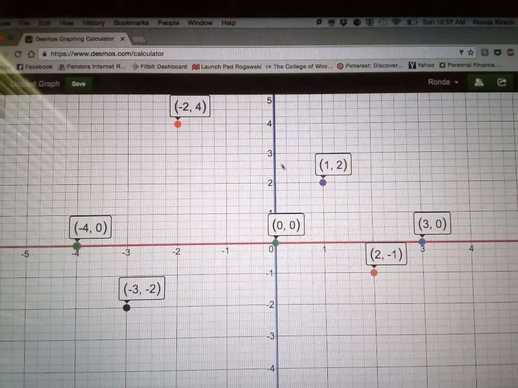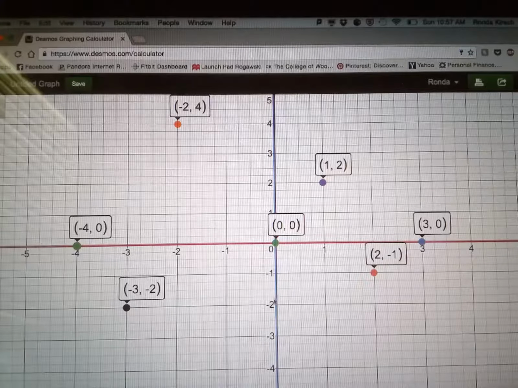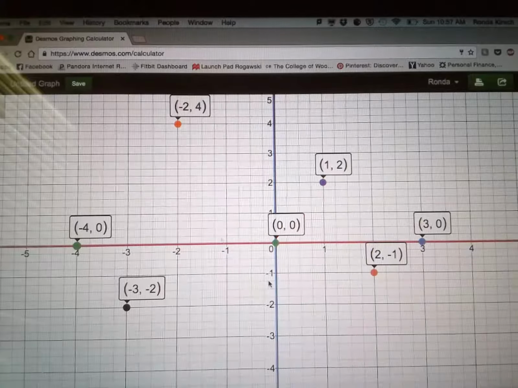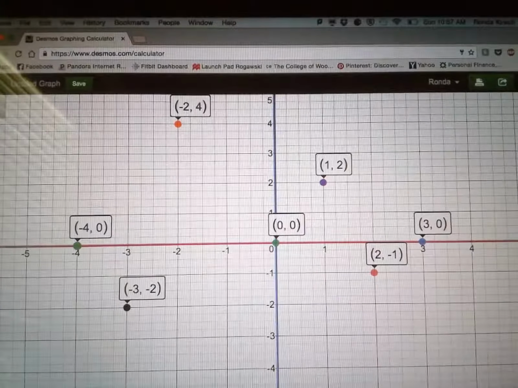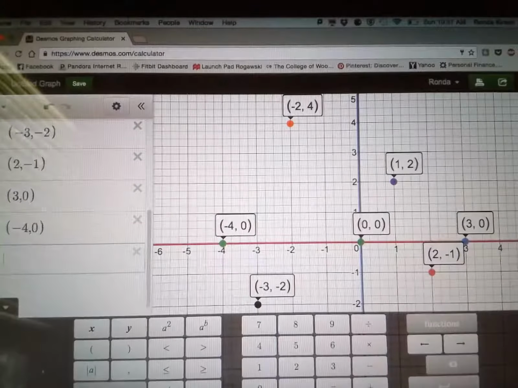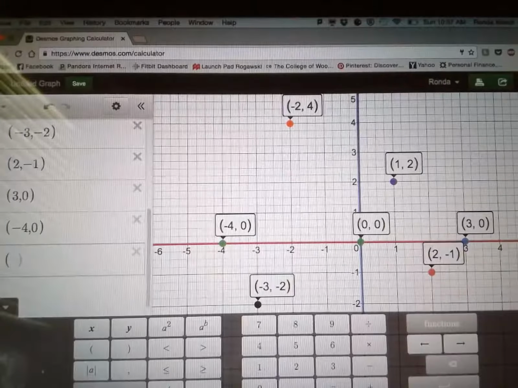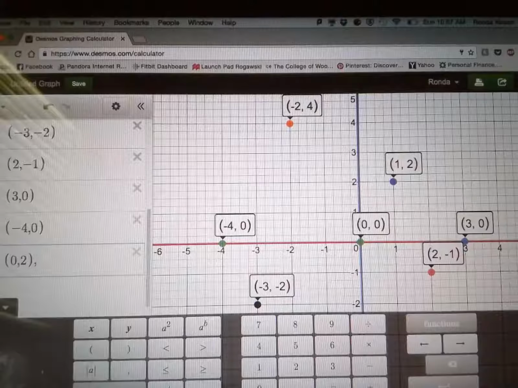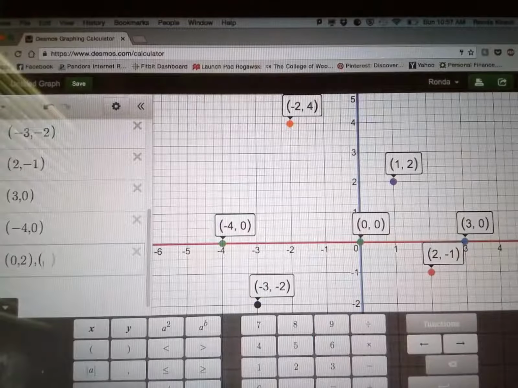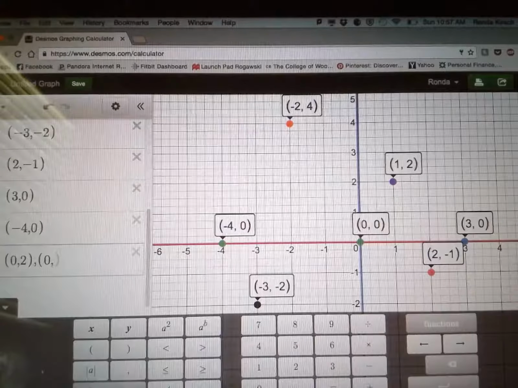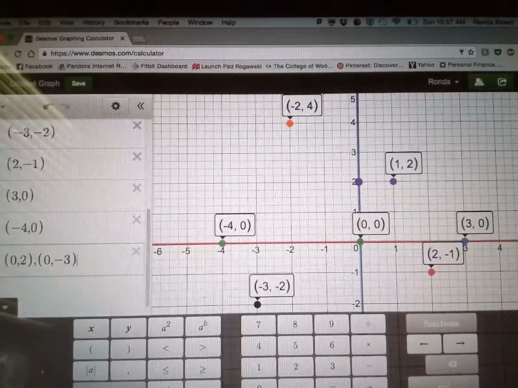So if something were going to sit on the y-axis, then I wouldn't be moving it back and forth with my x, I would just have a y-coordinate. So the way that I can put some y-intercepts on here is to write points that have a 0 for my x-coordinate. Let me put one negative and one positive here. Oops, I forgot my comma.